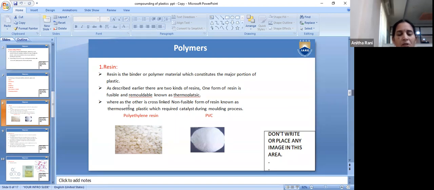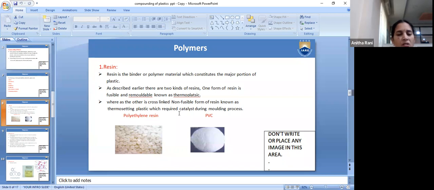Whereas the other type is thermosetting resin. They are cross-linked polymers with a cross-linked structure, which are non-fusible because of the presence of strong covalent bonds. So these are known as thermosetting resins.